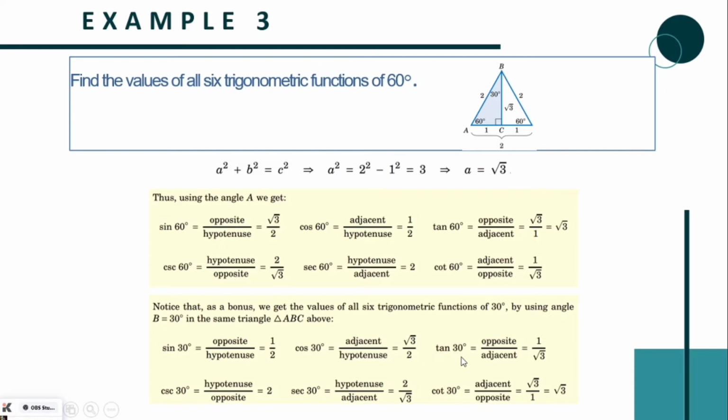And then tangent of 30, opposite over adjacent, so the opposite side is AC, that's 1, over the adjacent side, BC, which is square root of 3. So tangent 30 is 1 over square root of 3. Then cosecant 30 is 2, secant 30 is 2 over square root of 3, and then the cotangent 30 is square root of 3.